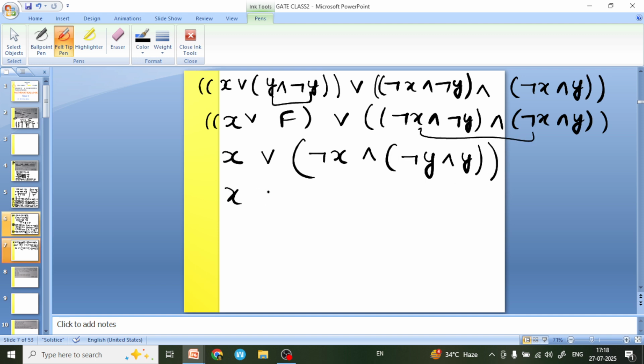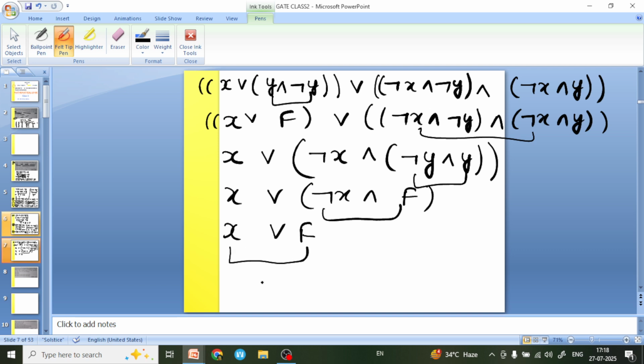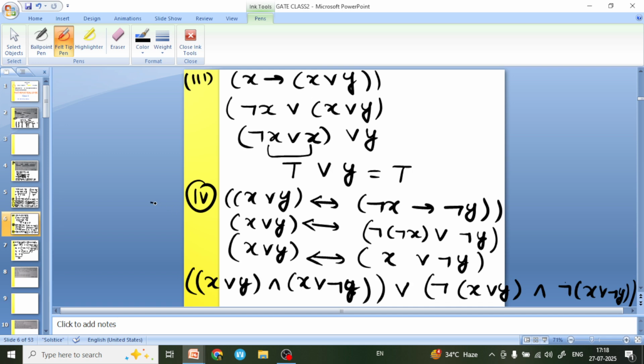Now you can see not x and this will be equal to false, x or false, and this will be equal to x. So the statement that will be false is this.